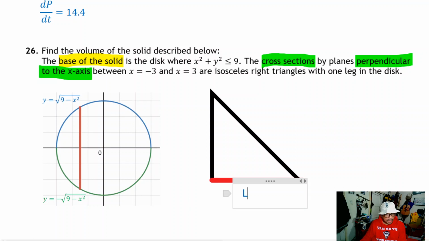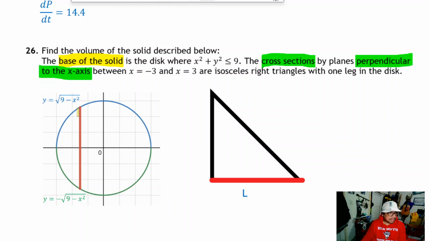And we can get an equation for L because it is the distance from the y coordinate up here at the top to the bottom. So L is going to be the y coordinate up here minus the y coordinate up here.